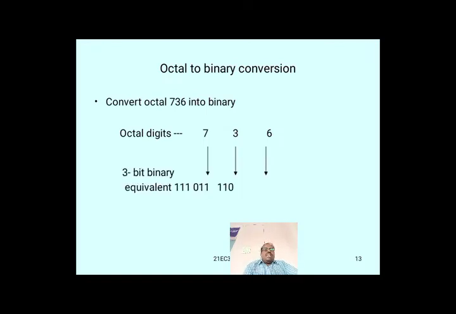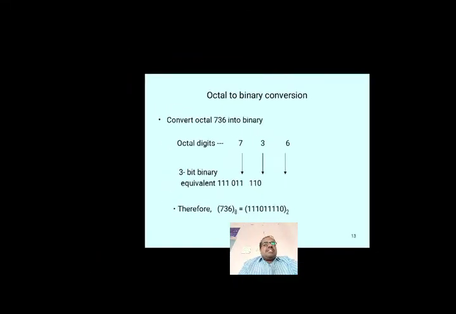The 3-bit equivalents are placed here. For 7 it is 1 1 1, for 3 it is 0 1 1, for 6 it is 1 1 0. We write the answer like this: 736 base 8 equals 111011110 base 2.